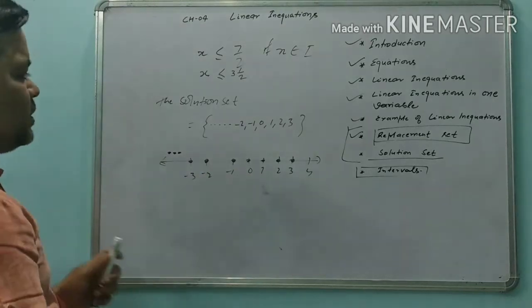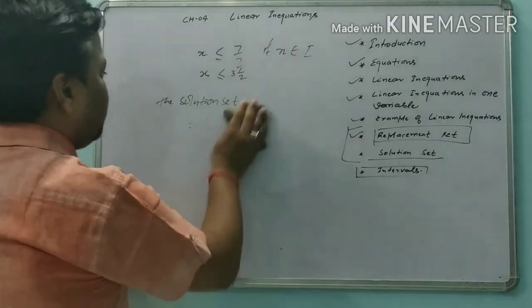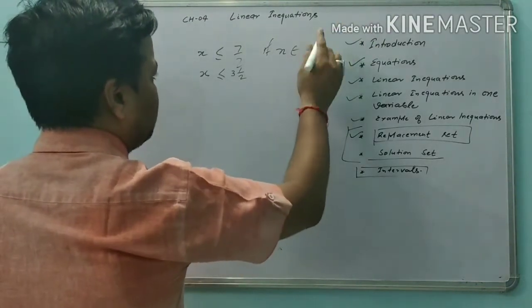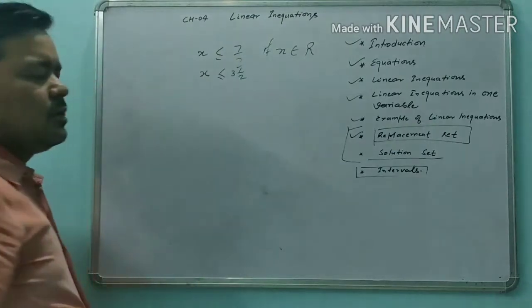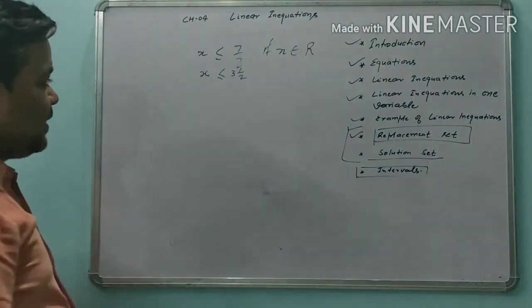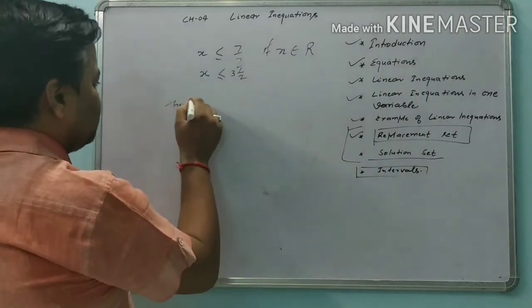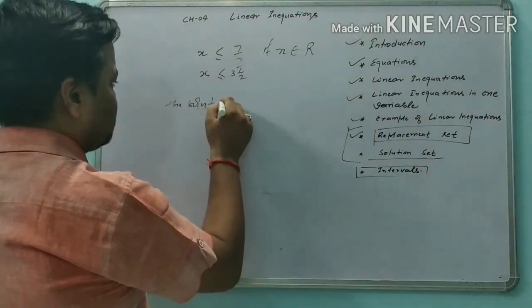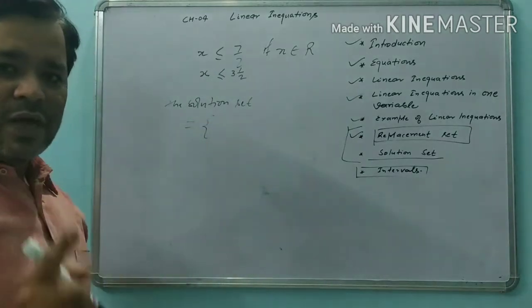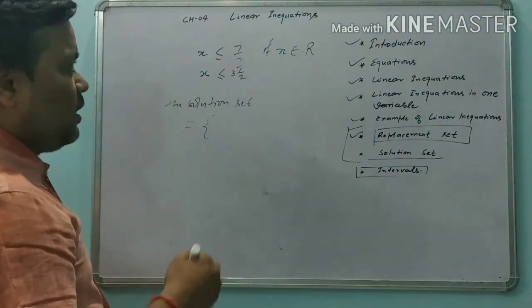Okay, now the last condition, when the value of x belongs to R, R means real number. When the value of x belongs to R, in that case the solution set is not possible to write in roster form.